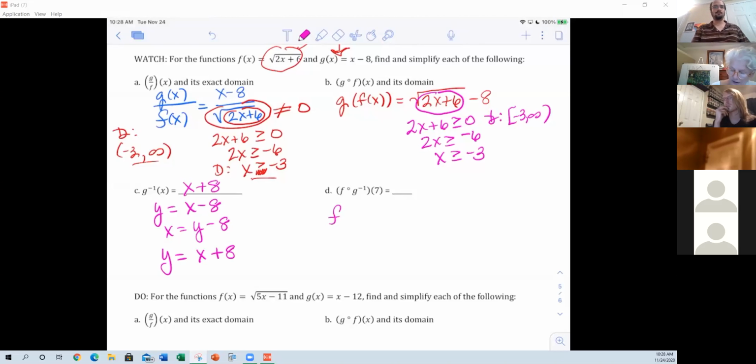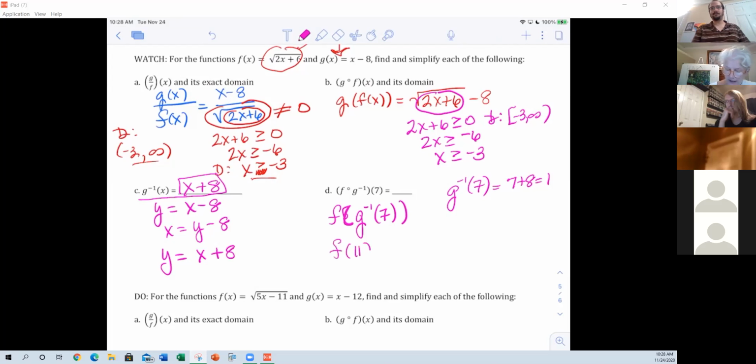So f of g inverse of 7 would be f of g inverse, 7. Okay, well, we found out that g inverse of x is x plus 8. So g inverse of 7 is 7 plus 8, which is 11.